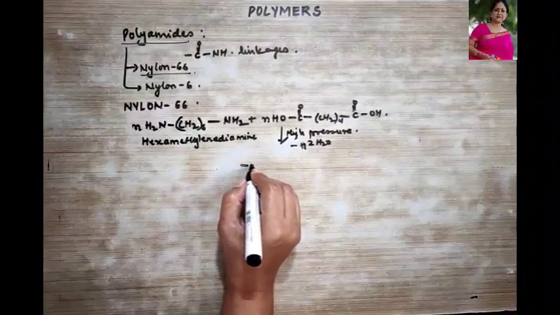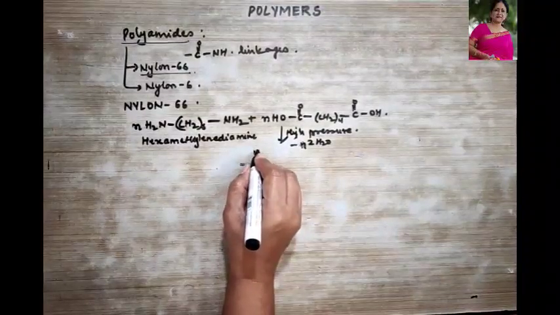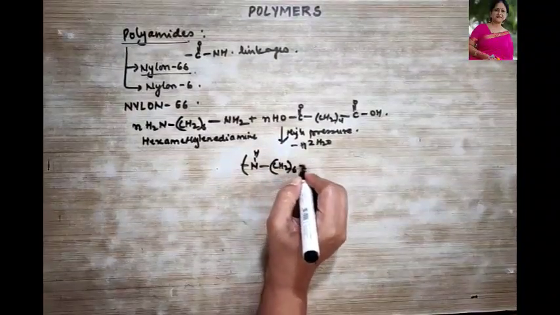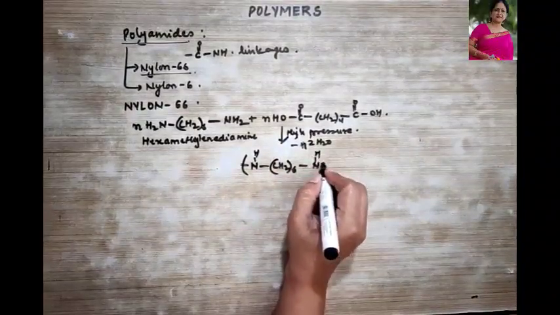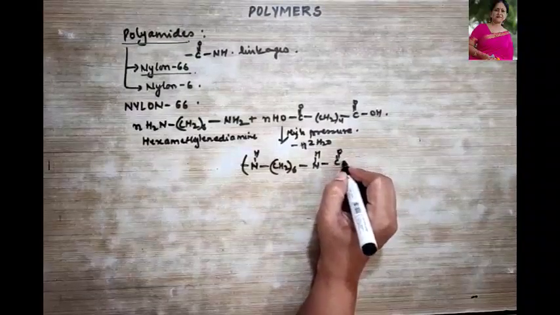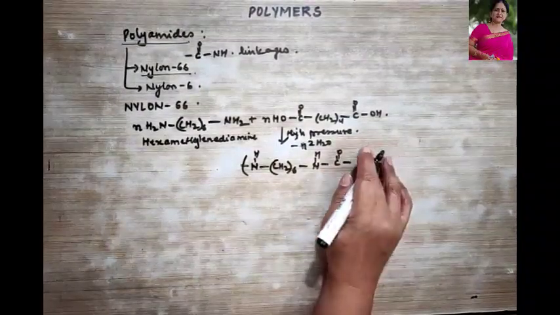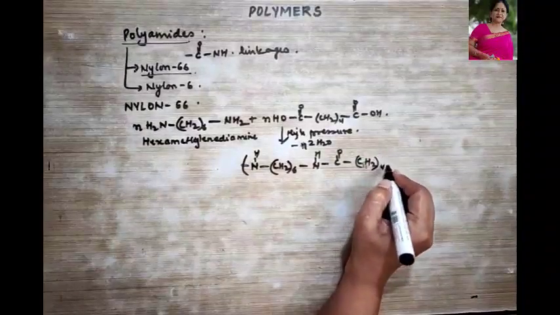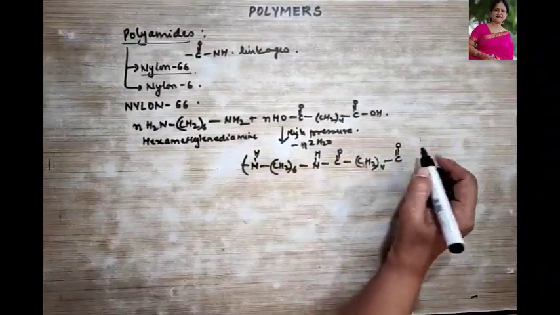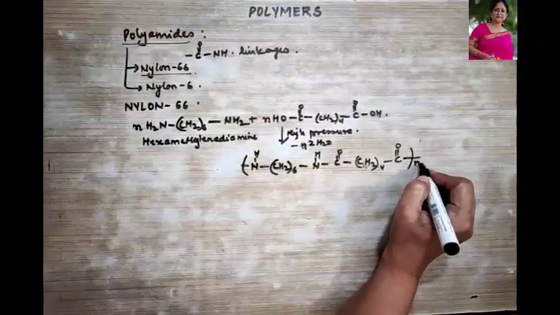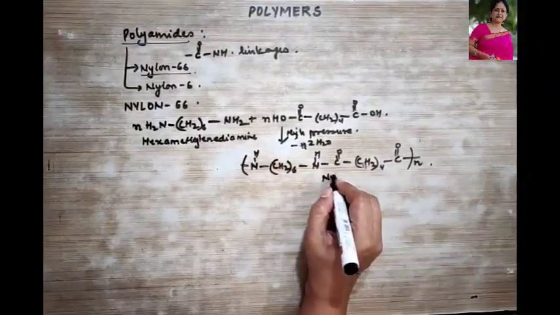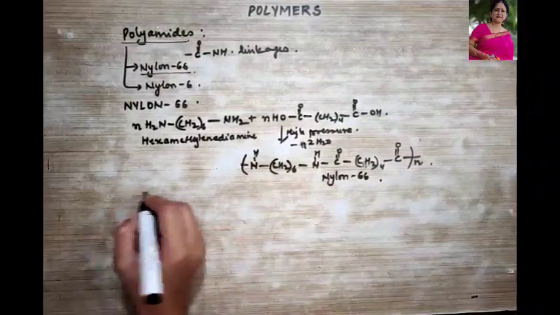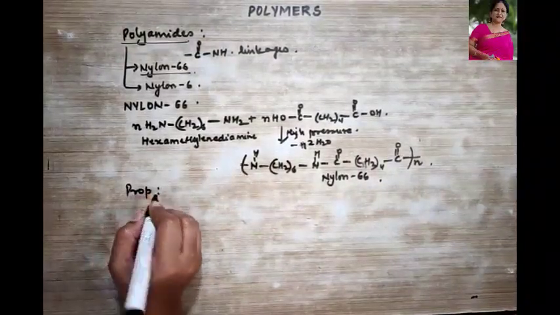What is the formula for nylon 66? NH CH2 6 NH C double bond O CH2 4 C double bond O, n. This is called nylon 66, right? What are the properties of nylon 66?